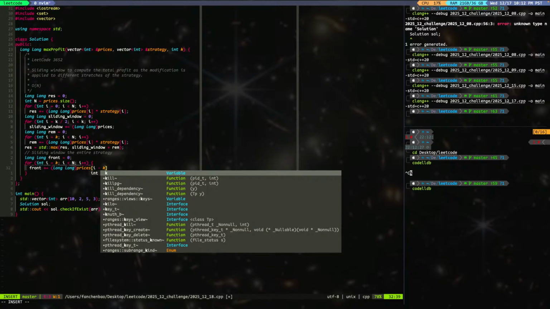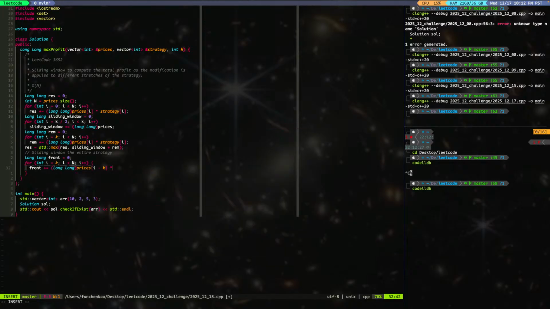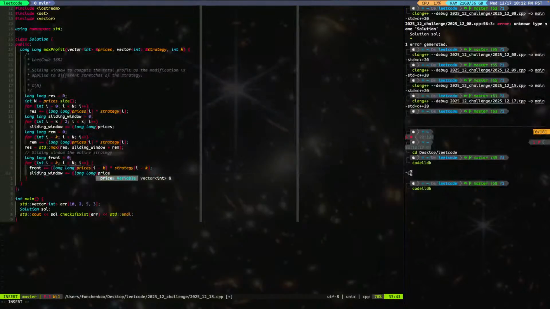That's the one that gets spit out, multiplied by strategy[i minus k], right? So this is the front, and then sliding window plus equal to long prices.